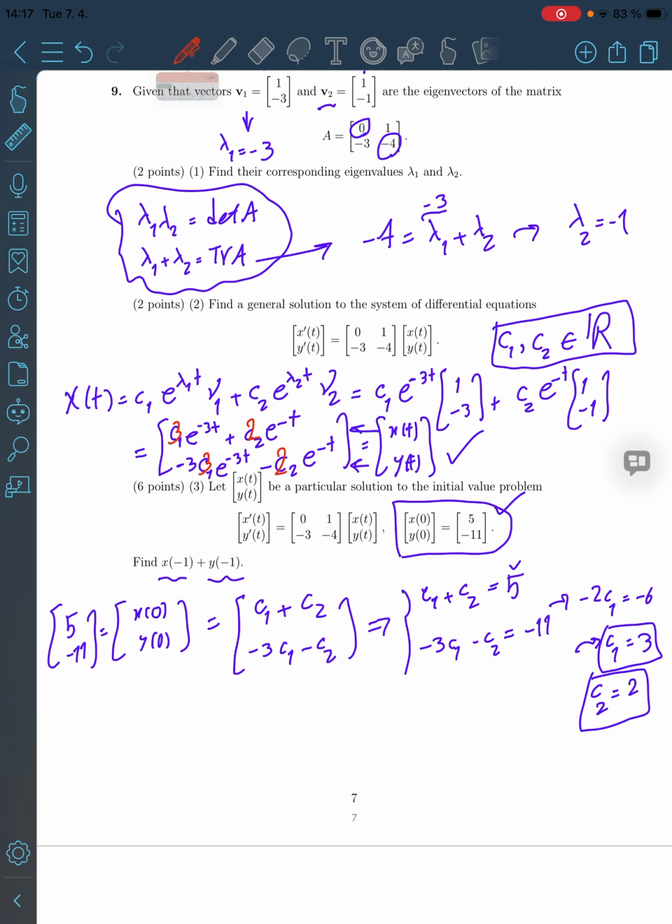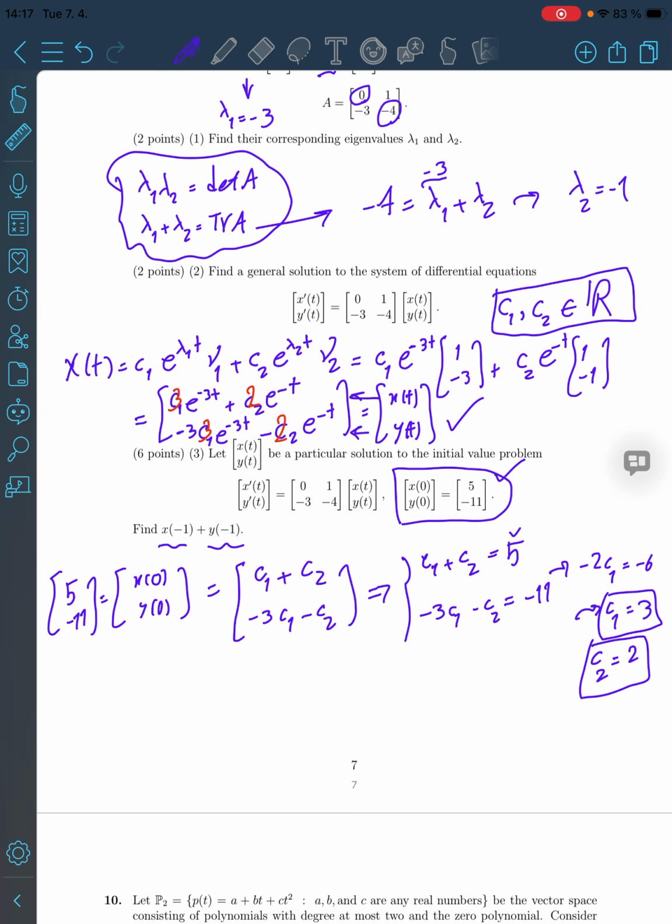I just write it down here. Now we want to compute what? x(-1) + y(-1). Okay, x(-1), just plug in -1 here.